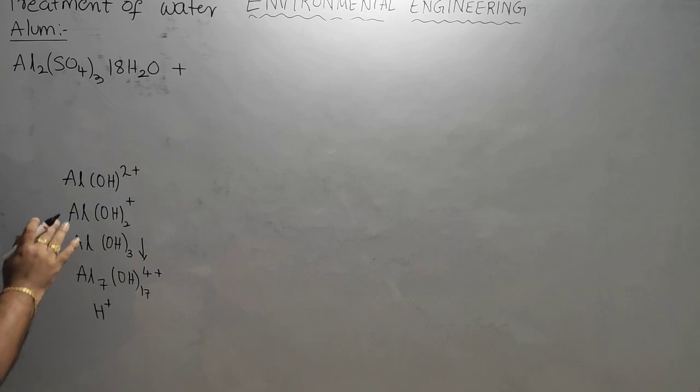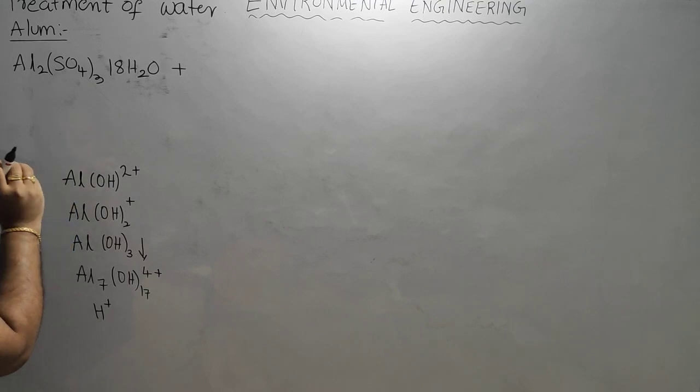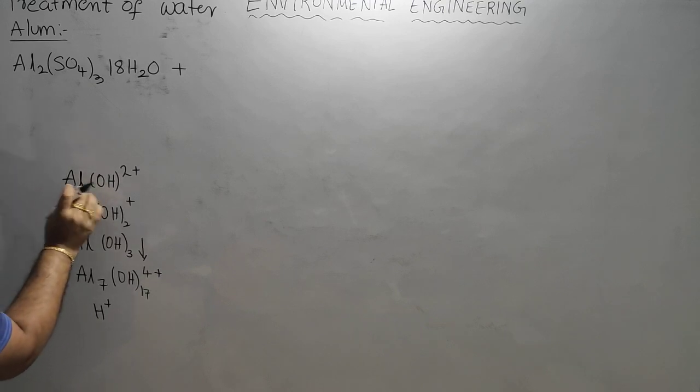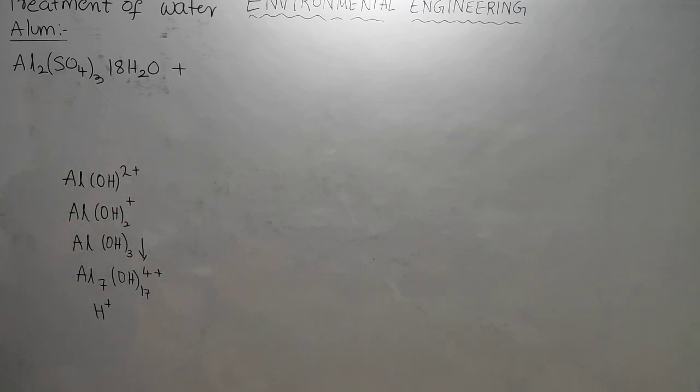That means for alum to work, listen carefully: if alum needs to work, it has to have a friend, that is OH. Without OH, alum cannot work. So OH means what? Alkalinity.